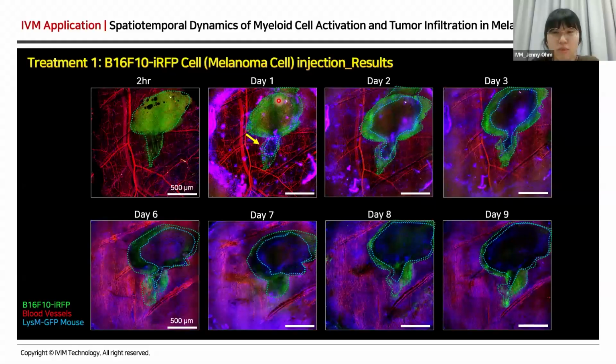However, by day 1, immune cells began to infiltrate the tumor and over time gradually further infiltrated into the tumor as well. By day 9, this infiltration was most pronounced. So in conclusion, the activation of immune cells by the tumor cells began at around day 1, and the significant infiltration of the immune cells into the tumor started on day 2.